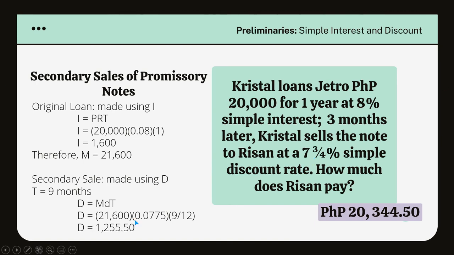The discount is 1,255 pesos and 50 centavos. Therefore, since we are looking for the proceeds, we're going to subtract 1,255.5 from 21,600. Hence, we got 20,344 pesos and 50 centavos. Next.